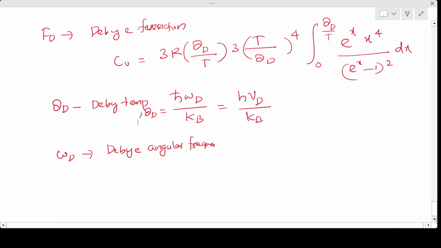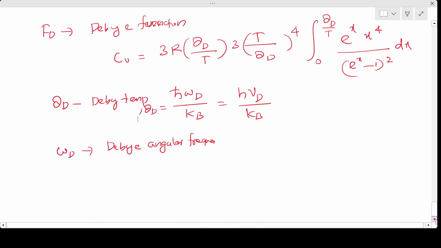Here again this theta D we consider as a reference temperature, like in the Einstein temperature case. So, like the earlier case, we consider case 1, at high temperature.